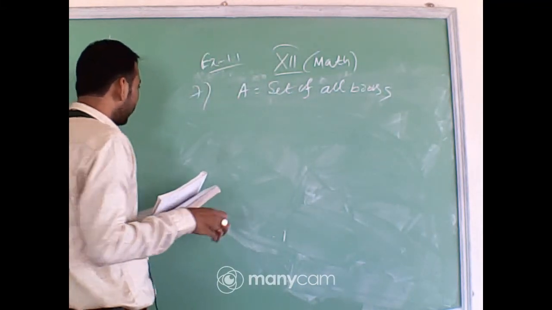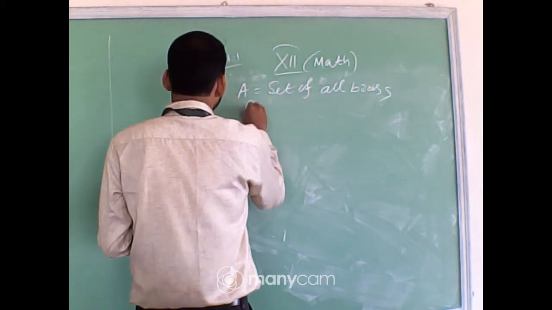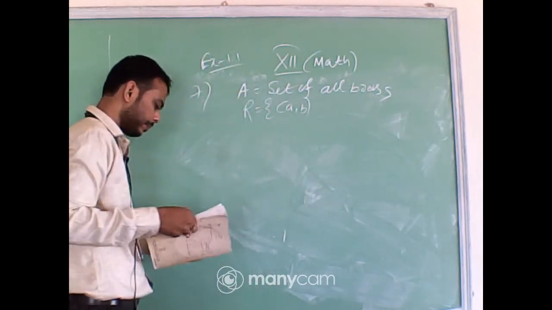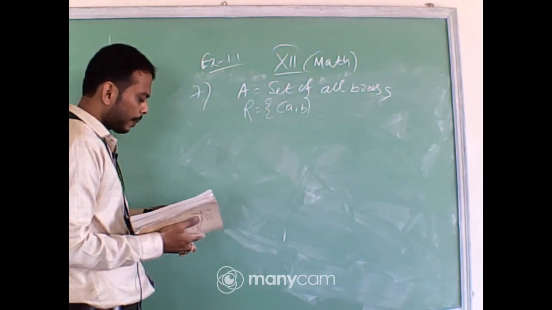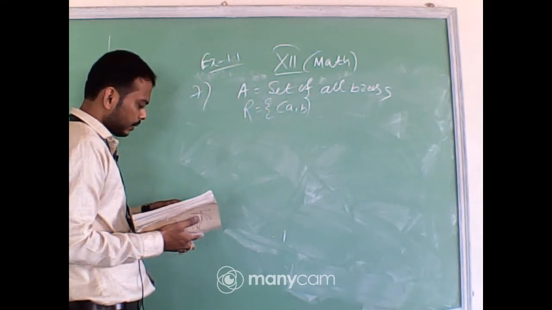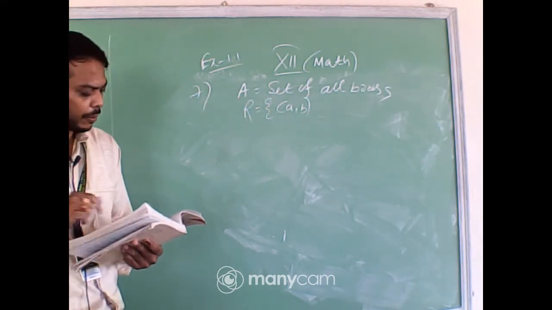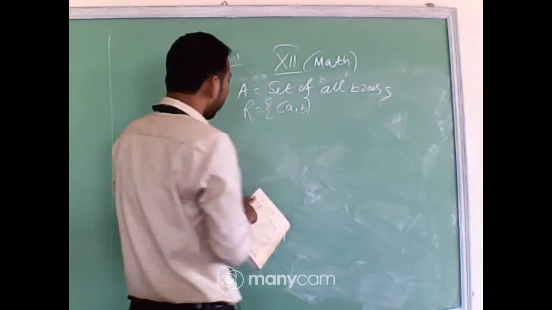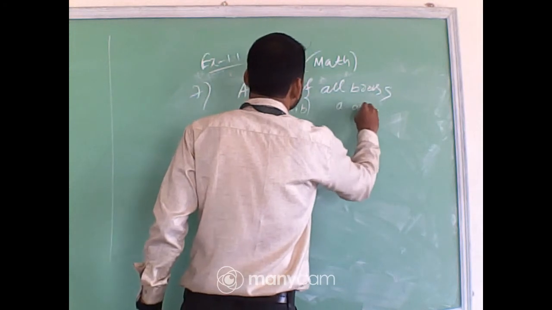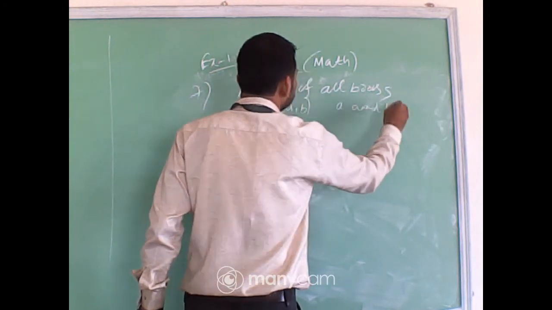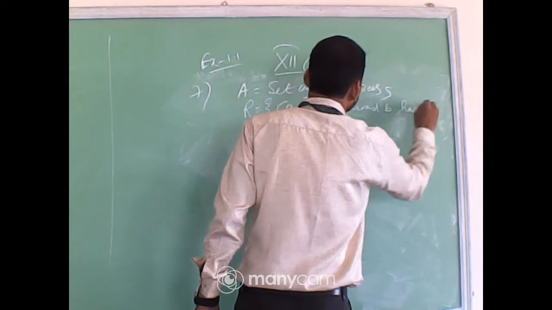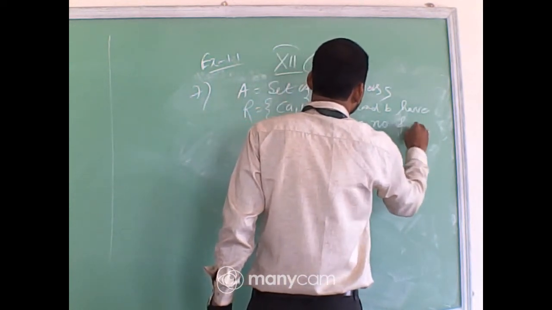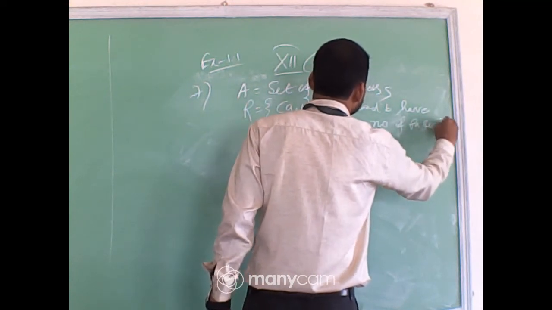The relation defined on A contains the ordered pair (a, b) such that a and b have the same number of pages.